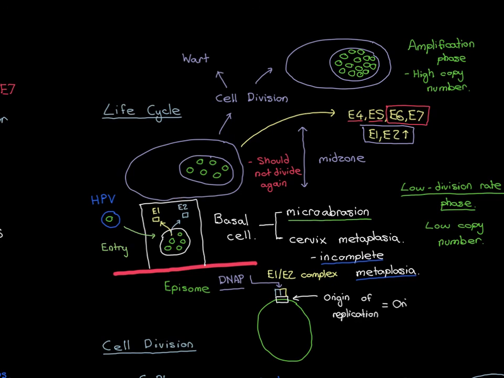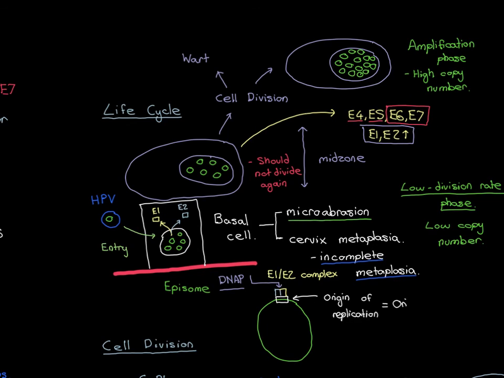They don't produce this protein until they're in one of these slightly differentiated cells in the midzone. That's important. They don't produce it in the basal cells. It has to be in one of these slightly differentiated cells for them to produce the E7 protein, and indeed the rest of these early proteins besides E1 and E2. So you do require a little bit of differentiation before you start producing the E4, E5, E6 and E7.